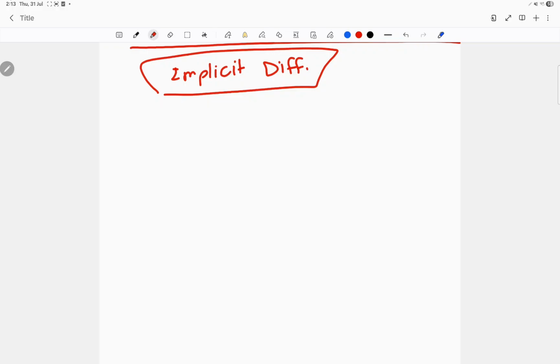Before, we only differentiate the x. Now it's going to be both at the same time. For example, if I have y squared plus y is equal 3x cubed minus 7x. And I say differentiate.